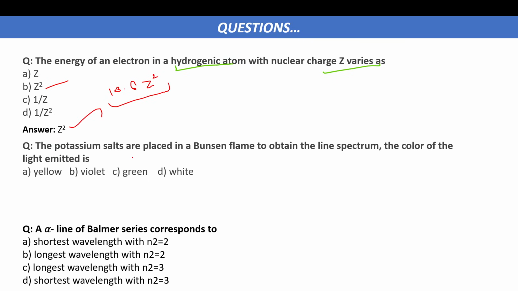Next, the potassium salts are placed in a Bunsen flame to obtain the line spectrum. The color of the light emitted is yellow, violet, green or white.